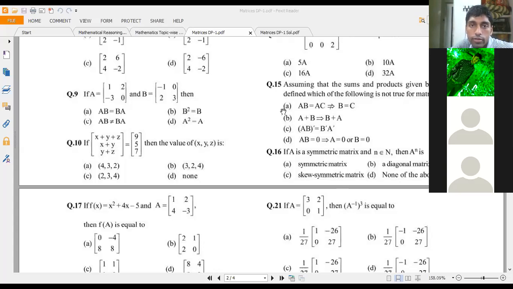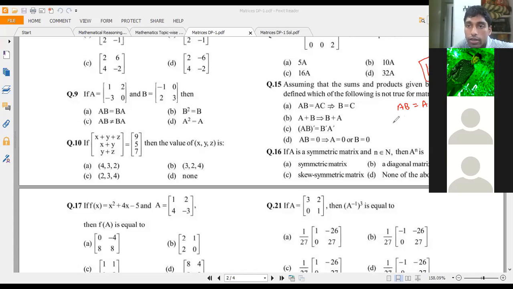Sir, can you show the proof for that singular thing? Good. See why I said this. If the determinant is not equal to 0, then you can define A inverse. And if you can define A inverse, then when you say AB is equal to AC, because the inverse is defined, you can multiply the inverse on the right side.